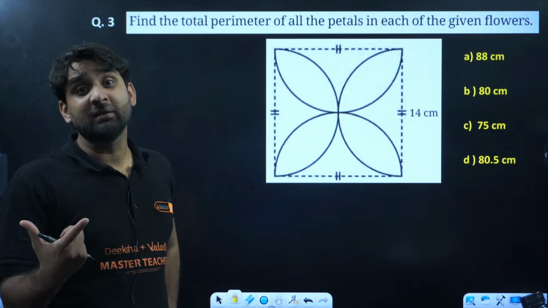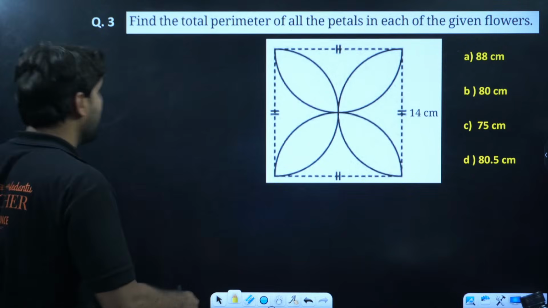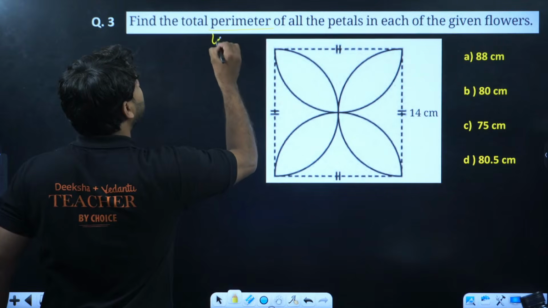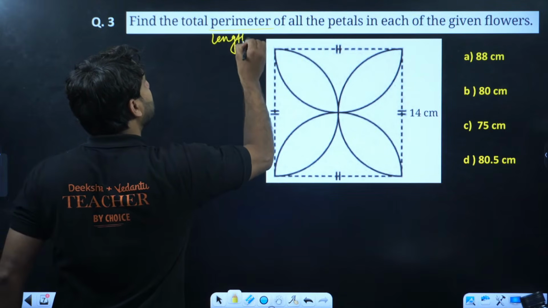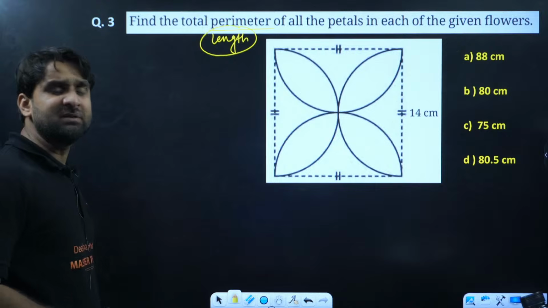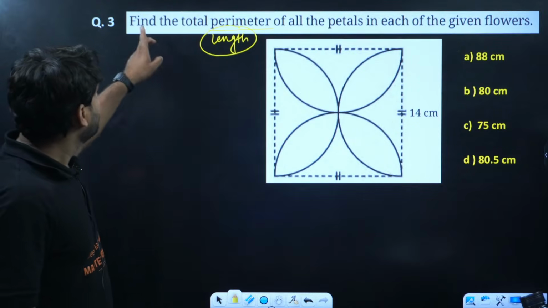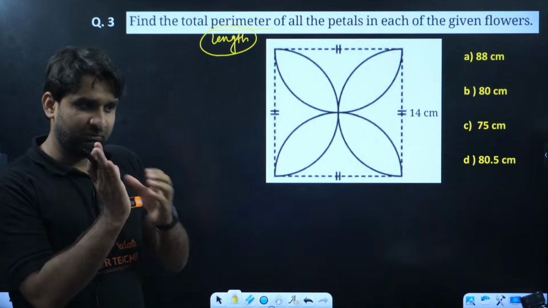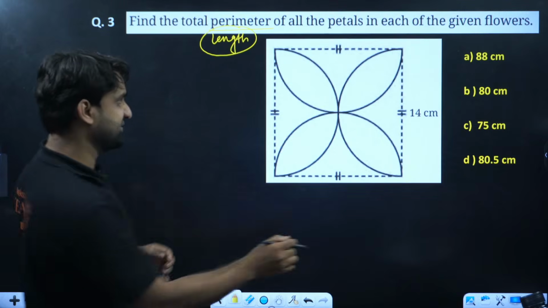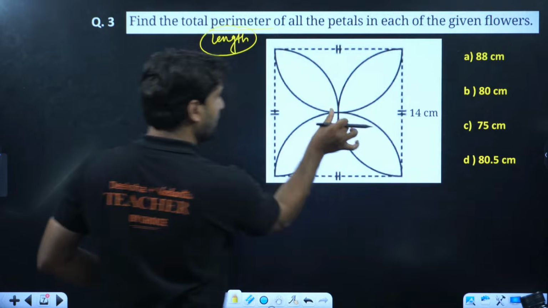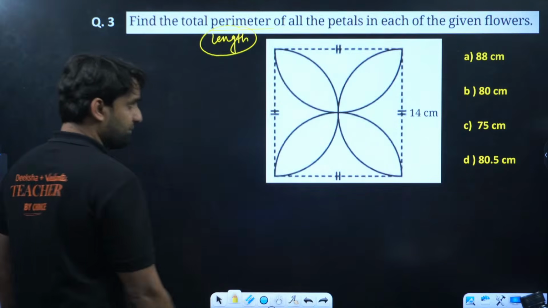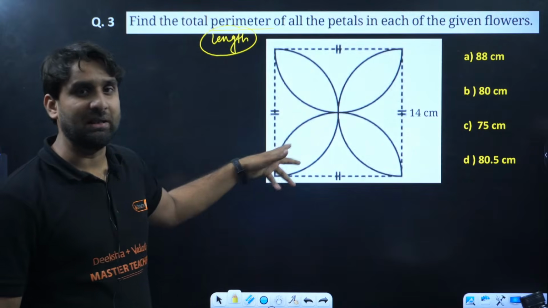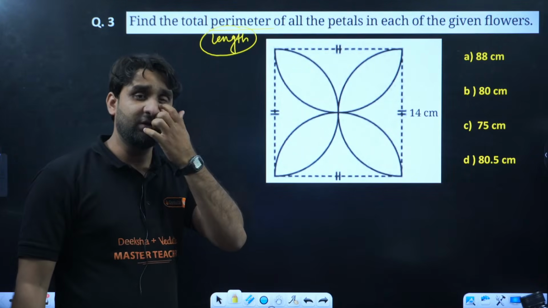Perimeter means length. Find the total perimeter of all the petals. Petals means the flower part, the leaves of a flower. So this is a petal. 1, 2, 3, 4. We have 4 petals. I hope you have studied petals and sepals in biology, right?